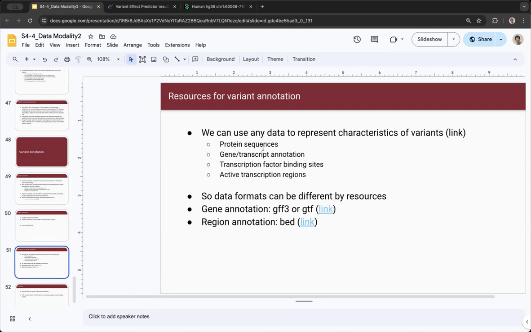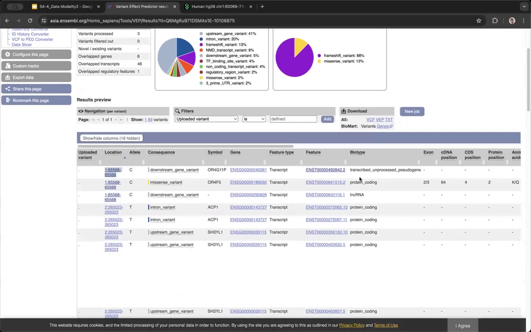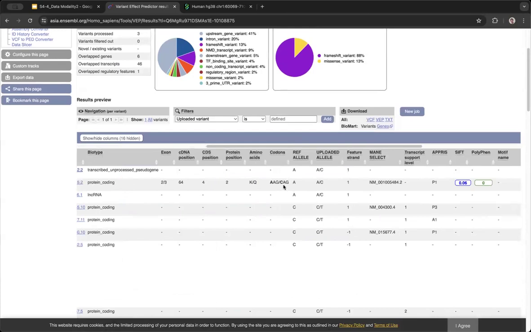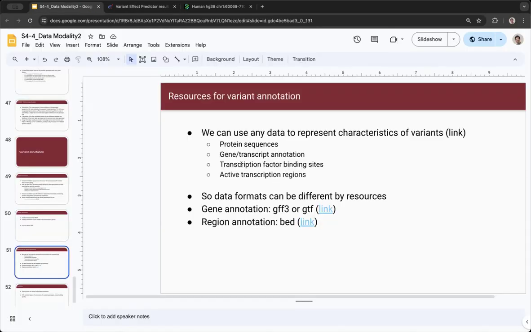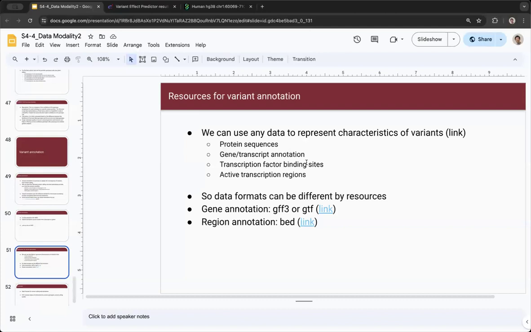You can use the protein sequence, so now you know which protein coding codons are changed, and you can expect gene and transcript annotation. You can expect whether transcription factor binding occurs or not. You can think about active transcription regions or not. All of this information, you can tweak the parameters up and down here, then you can see that information too.